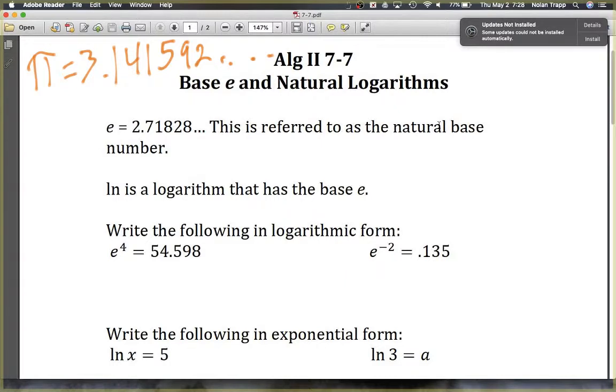Well, there is another one of those numbers that we don't talk about as often because it only comes up in higher math, and that's the number e, specifically italicized e. This is a natural base number. It has some fancy things in calculus, and because of that, they actually created a logarithm just for the number e.